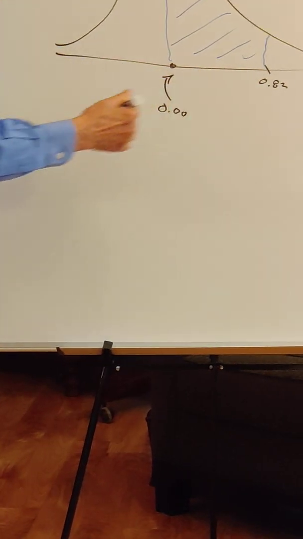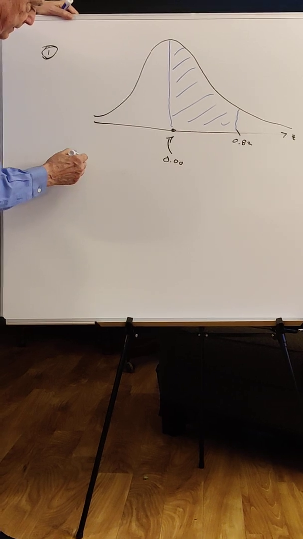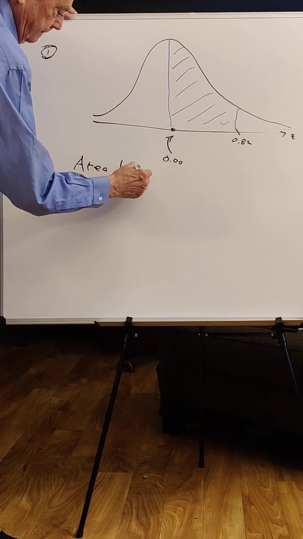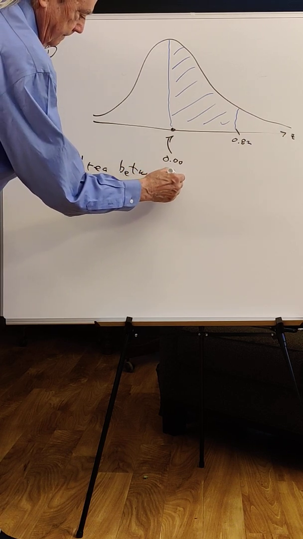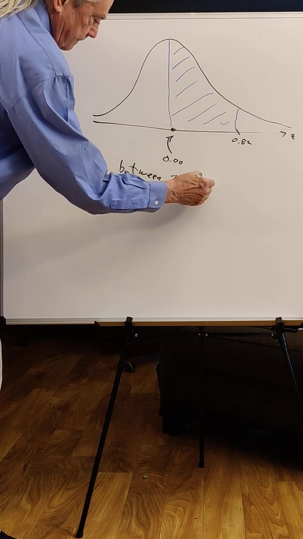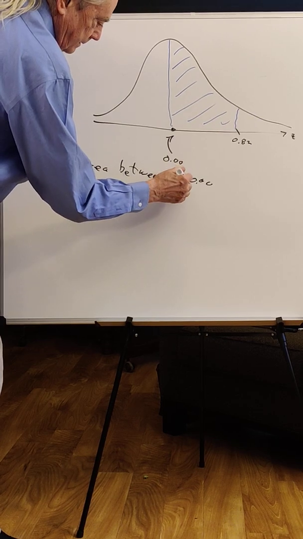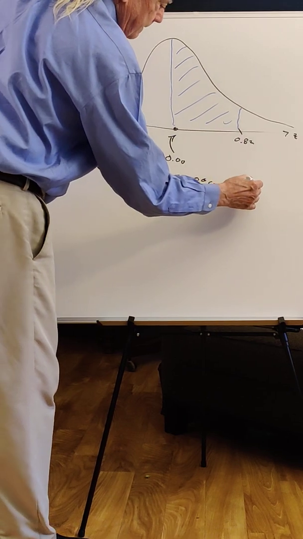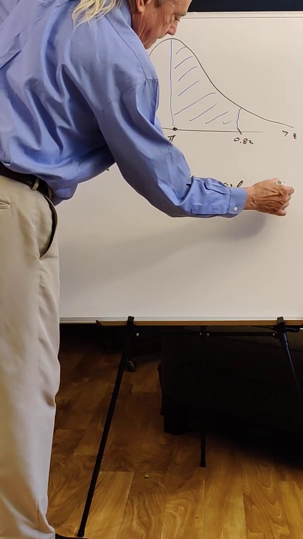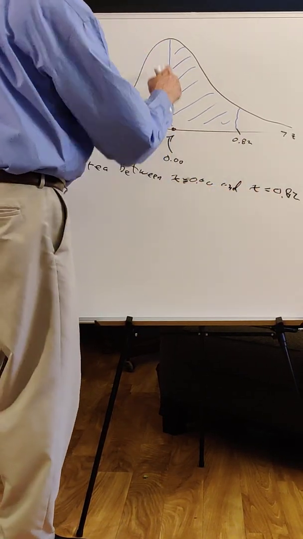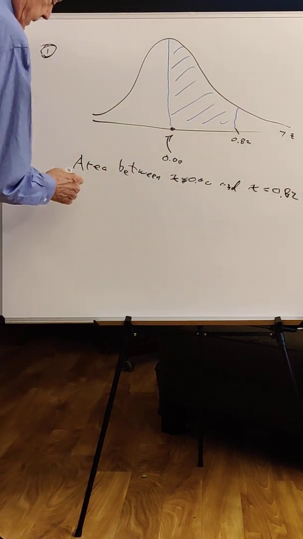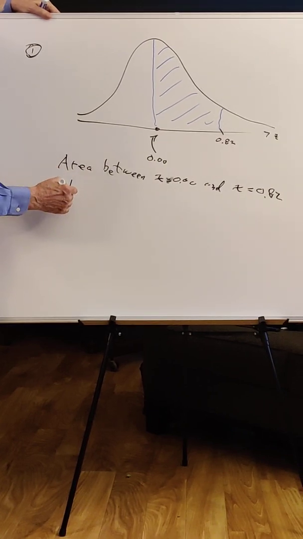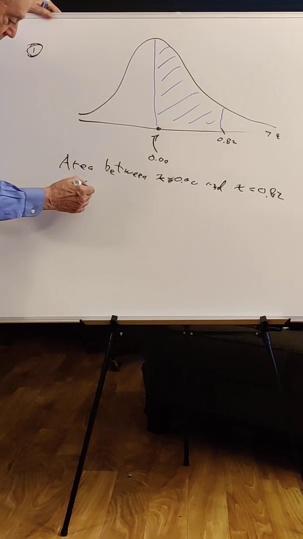The area between 0 and 0.82. In natural language, to use math notation, we would write it like this.